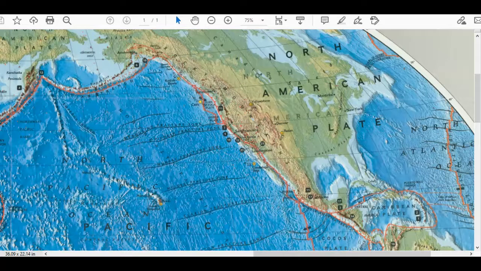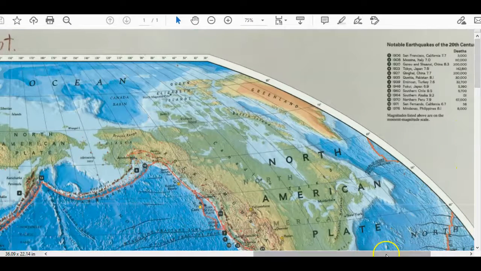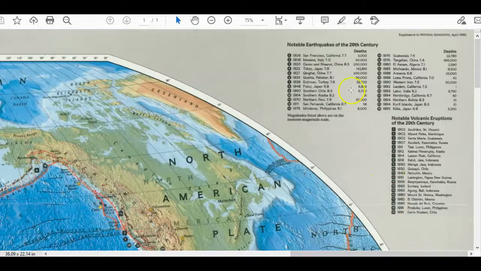The only other things that you'll have to look at, and it's just for a couple questions, is in the upper right hand corner here, there's some notable earthquakes and notable volcanic eruptions.